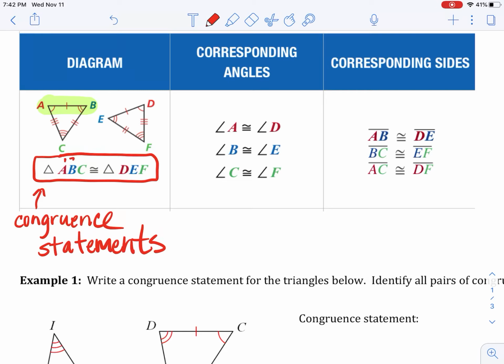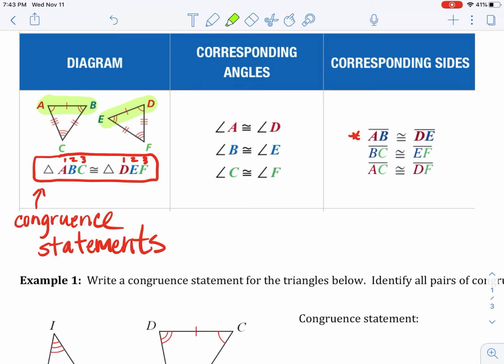So let me number these, 1, 2, 3. And in the other one, let me label the letters 1, 2, and 3. Because the A and the B were written first, and in the second triangle, they wrote the D and the E first, if we go over the corresponding sides, that means those are congruent to each other. If you took a ruler out and measured them, they would be the same. And notice how they both have single tick marks on them. So if we look in the other triangle, DE also has a single tick mark on it.